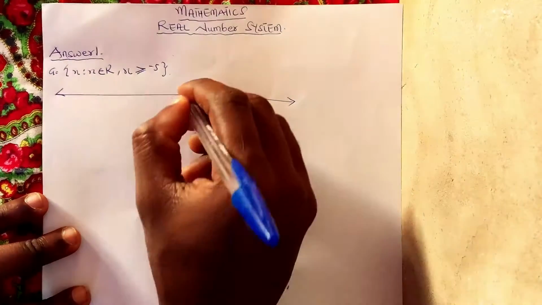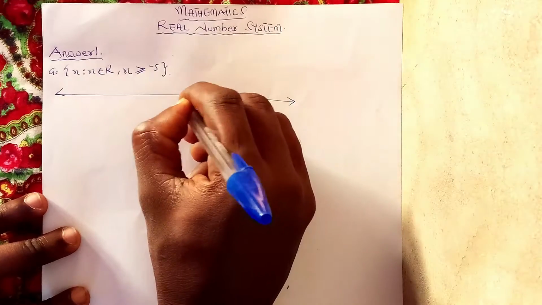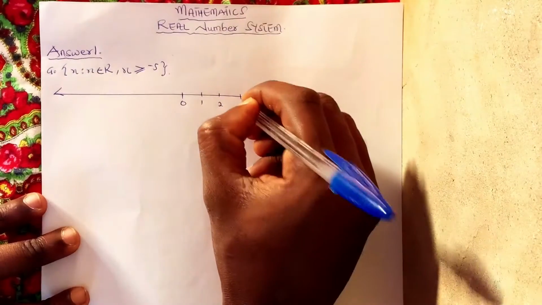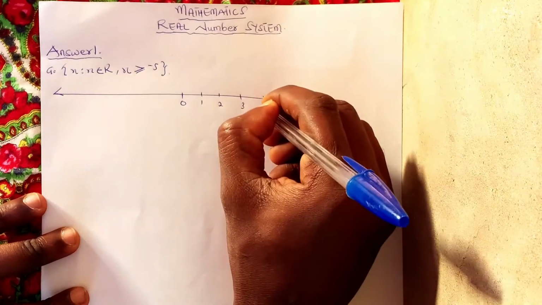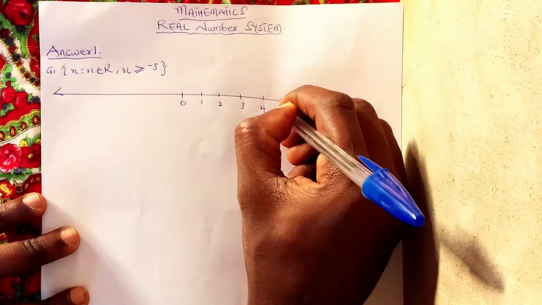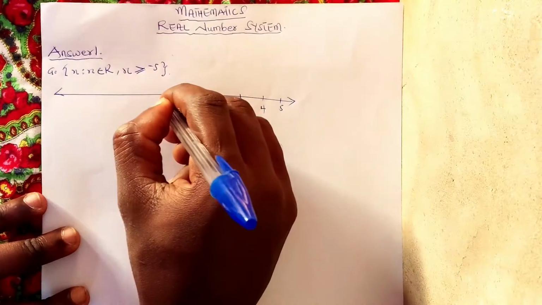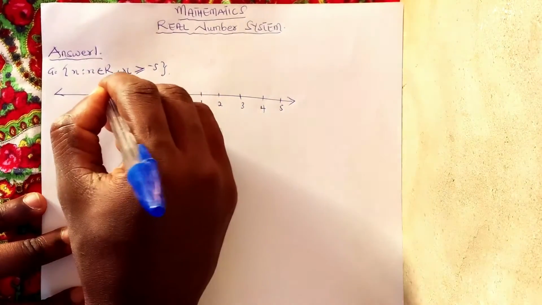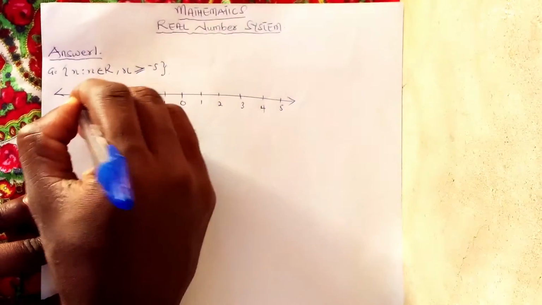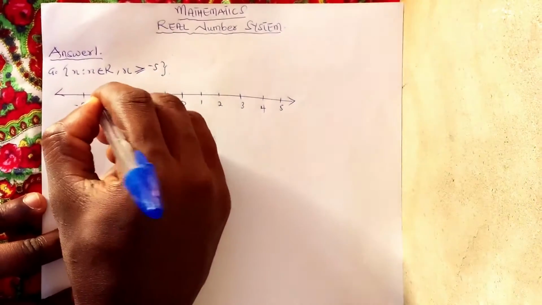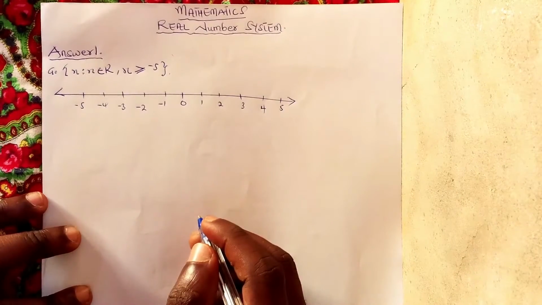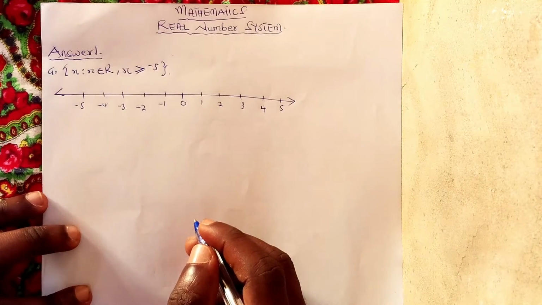We have this: 0, 1, 2, 3, 4, 5. We have 1, 2, 3, 4, 5, negative, negative, negative, negative, and negative. We said X is greater than or equal to minus 5.